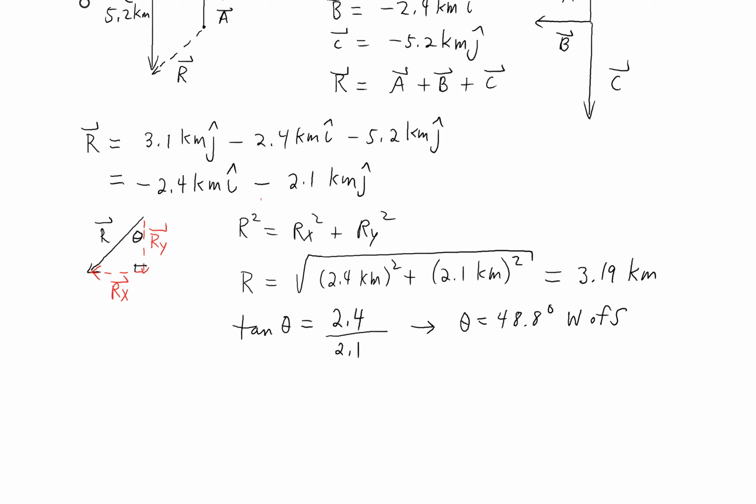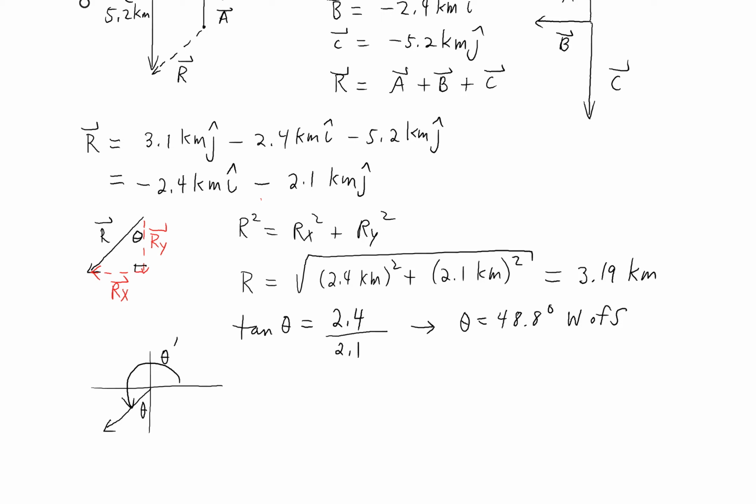But it is also possible that Wiley might want you to express the angle relative to the x-axis, in which case what Wiley is saying to do is, if your R is like this, Wiley wants you to find that angle, which I will call theta prime, and this angle here is theta.